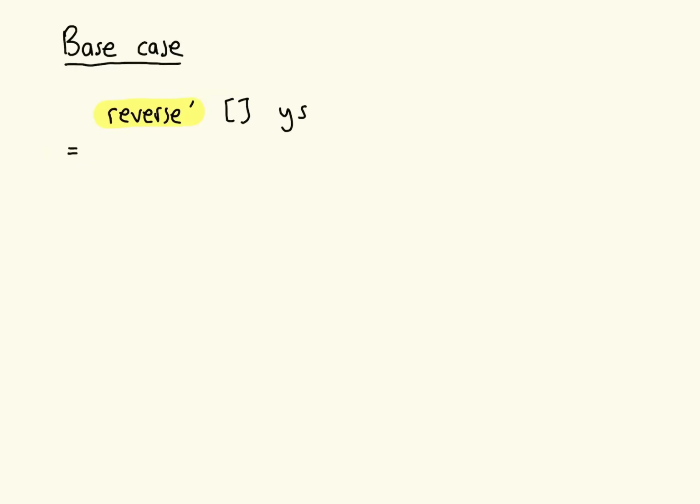So if we apply our specification, this allows us to rewrite this as reverse of the empty list, let me put the brackets in here, plus plus y's. Just by applying the specification, I could get down to this point.